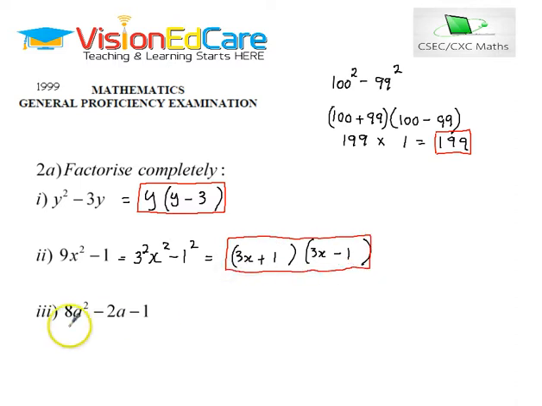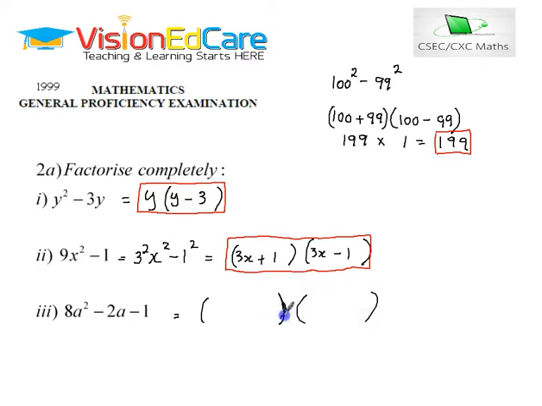Now part 3, this question can be a bit tricky for some people. For others it's very easy because they can spot the factors straight away. You can write down your answer straight away, or you could work out how you get your answer.